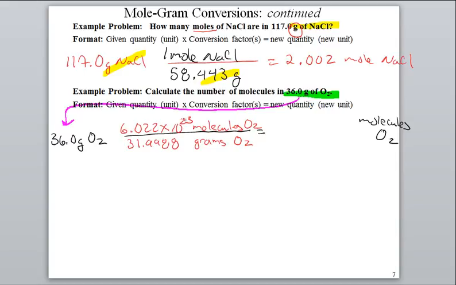That many molecules per 32 grams of oxygen. So grams and grams cancels, and we do the calculation, and it's approximately 6.77 times 10 to the 23rd. A larger number than Avogadro's, so the answer seems to make sense.